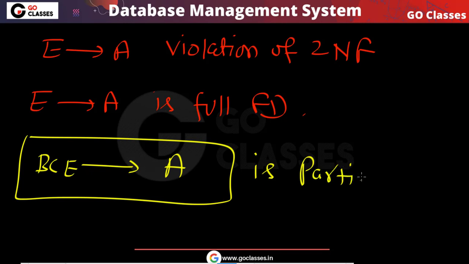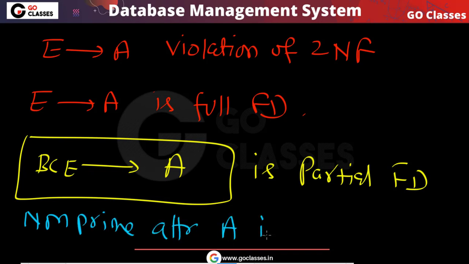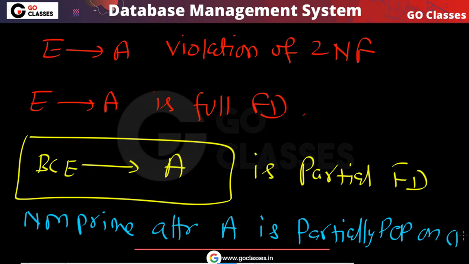This non-prime attribute A is partially dependent on the candidate key. So that is the reason I can say your relation is not in 2NF.